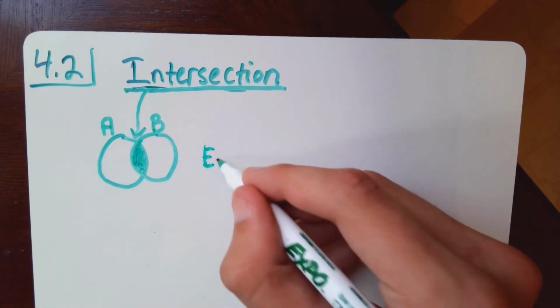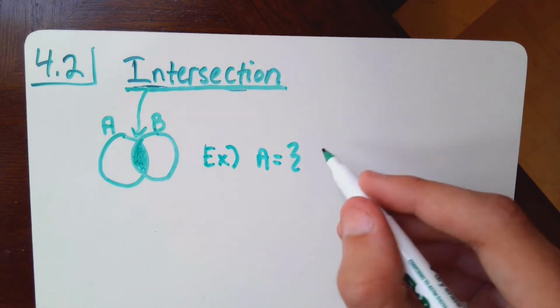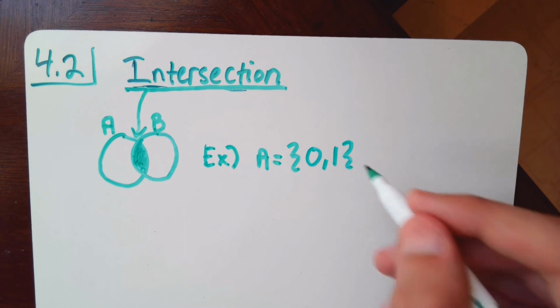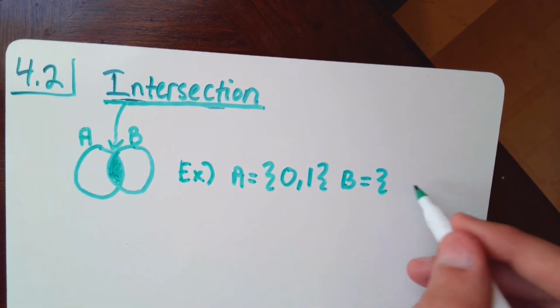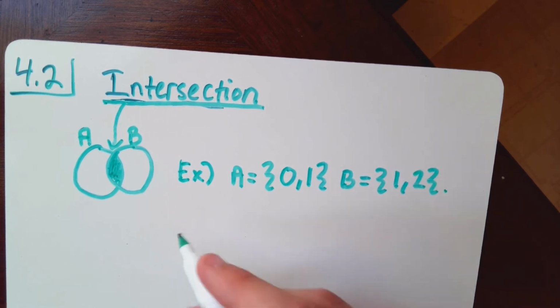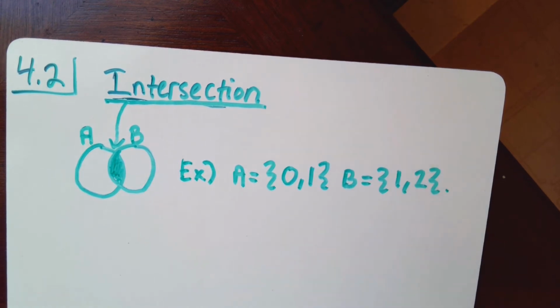So for example, let's say that A is the set containing 0 and 1. And let's suppose that B is the set containing 1 and 2. Then what we want to do is find the elements that are in common between A and B. So ask yourself, what's in common between A and B?